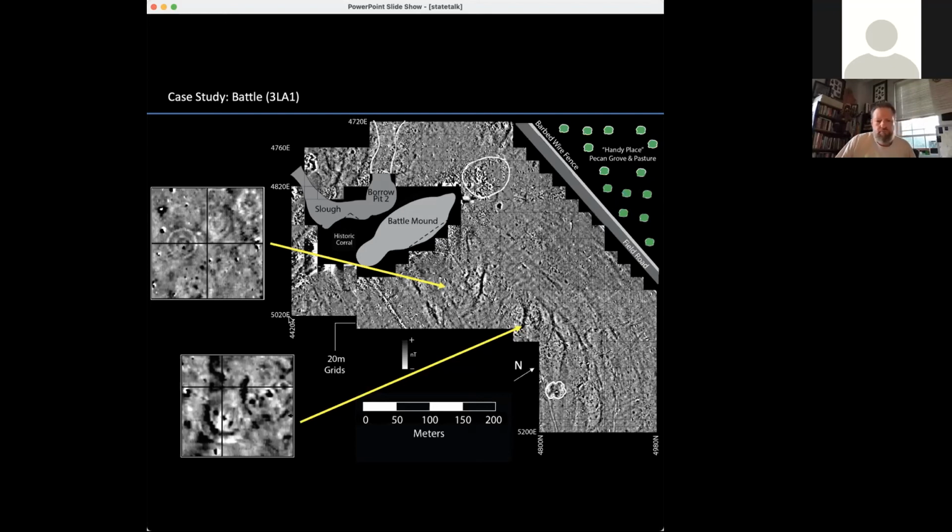Then we have another area over here, a little further but closer to this borrow pit, where at least two circular structures were documented. As I said, the Caddo were known for constructing circular structures on top of the summits of low mounds. These two areas are interpreted as two of the four low rises described by Moore in 1911.